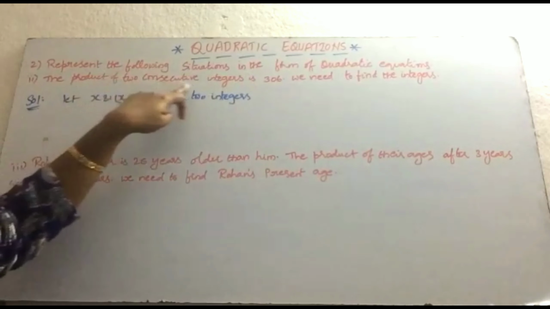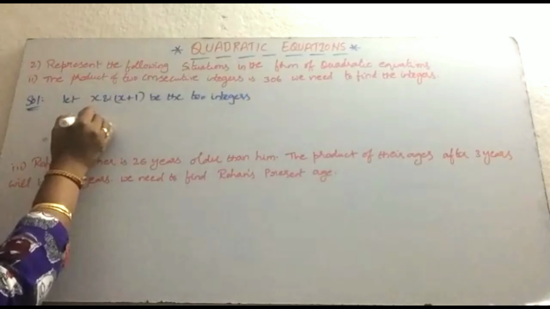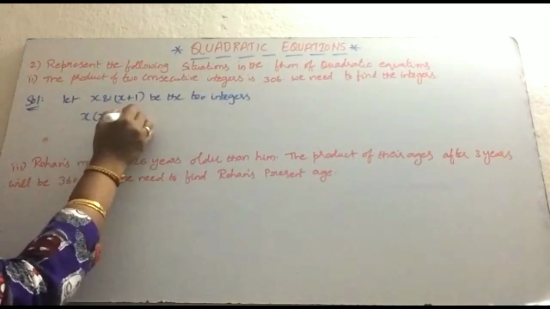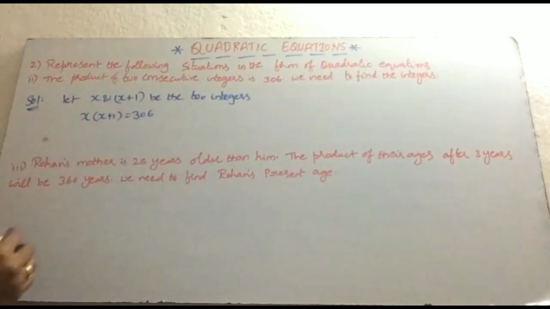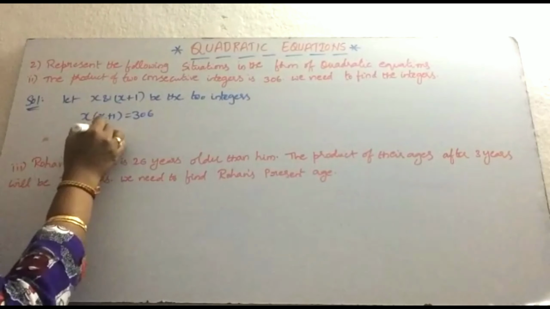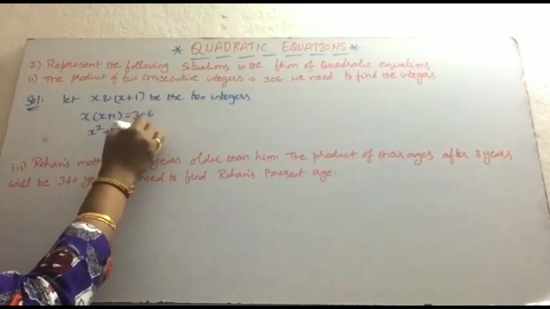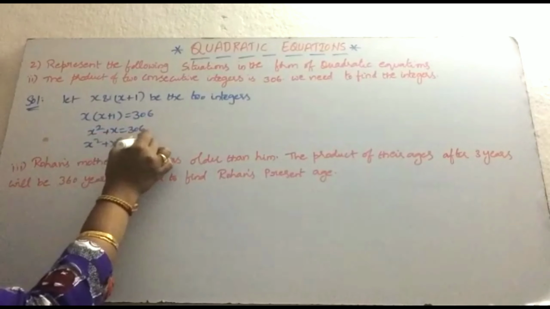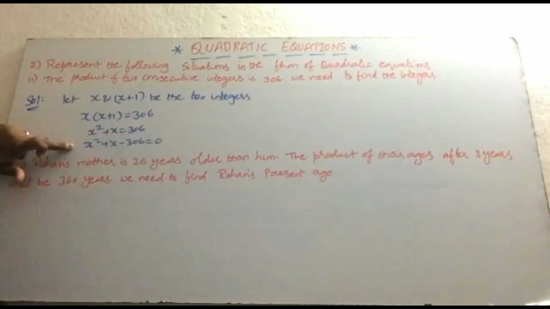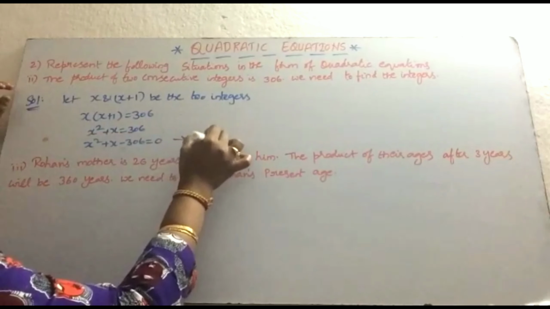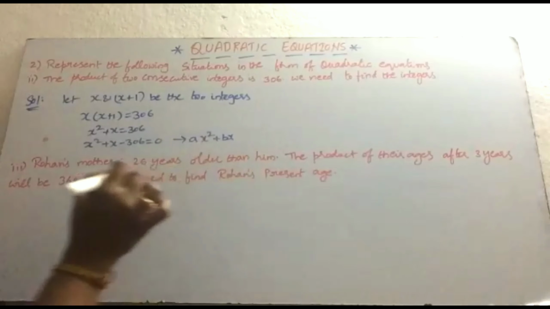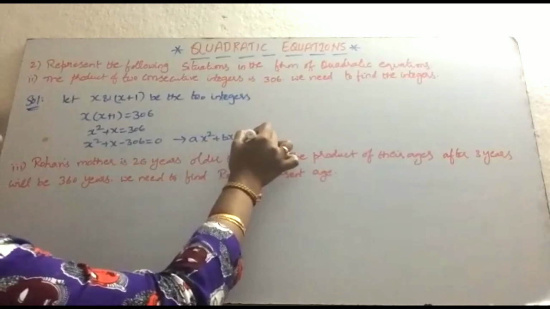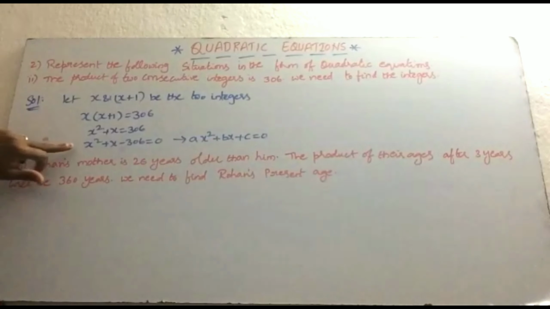The product of two consecutive integers means x into (x plus 1) is equal to 306. So multiplying, x squared plus x is equal to 306. That means x squared plus x minus 306 is equal to 0. This is of the form ax squared plus bx plus c equals 0, so this is a quadratic equation.